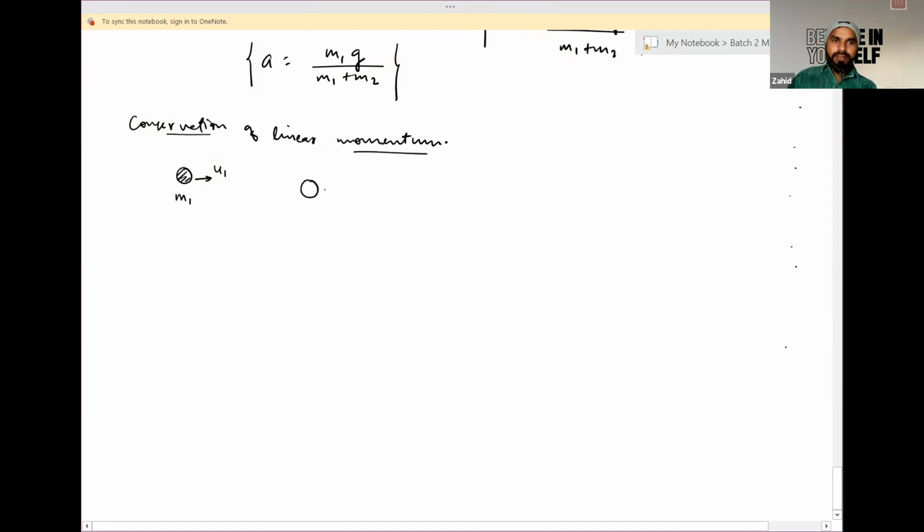Another body which is going at some initial velocity u2 having mass m2. So on collision, after collision, velocity will become v1 and v2 respectively.